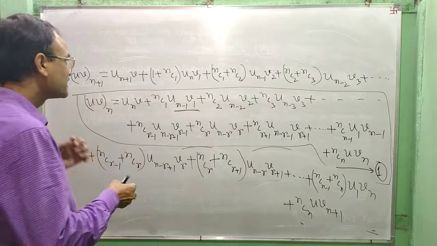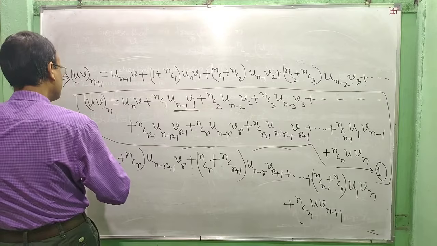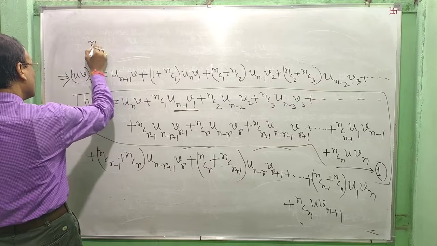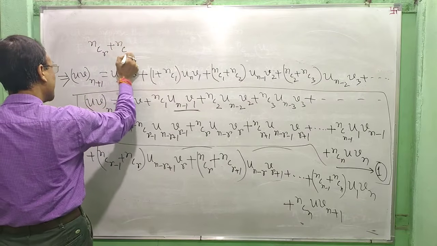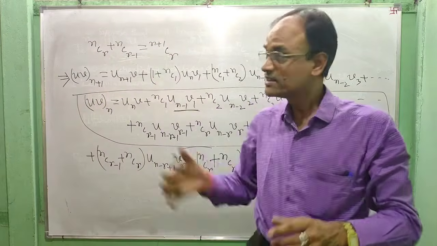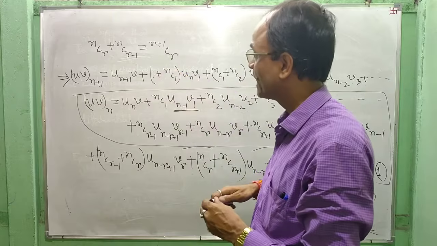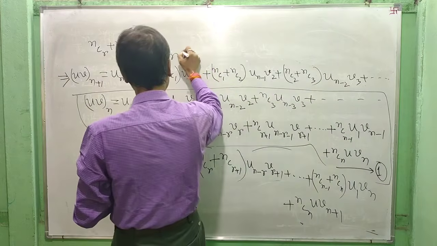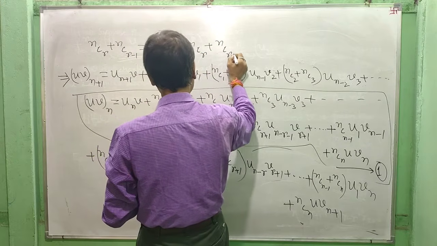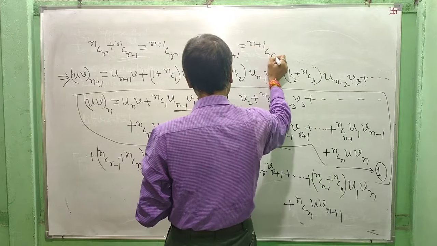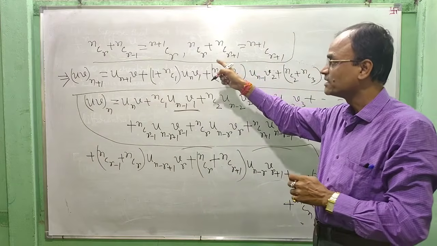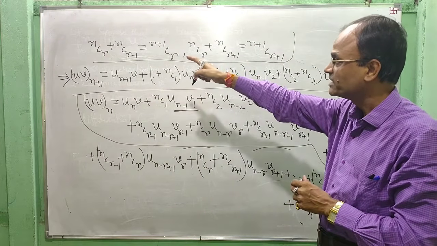Now, let me remind you one formula. You have already got nCr plus nC(r-1) is equal to (n+1)Cr from algebra. Or nCr plus nC(r+1) you will get (n+1)C(r+1). From the combination chapter in class 12 you have got this.